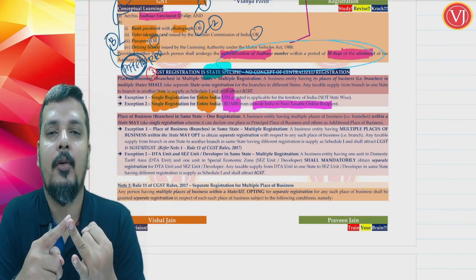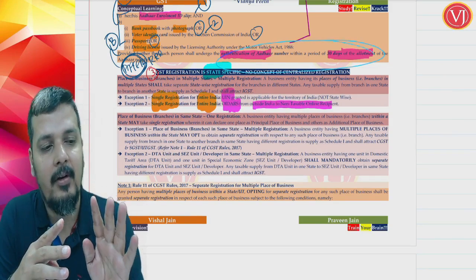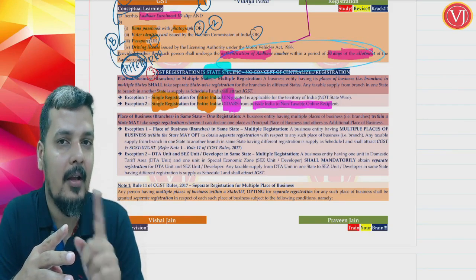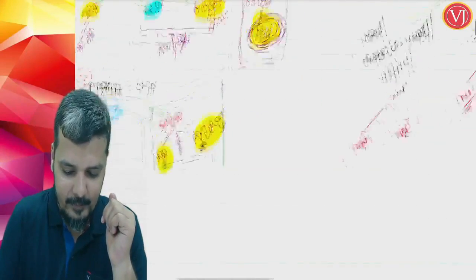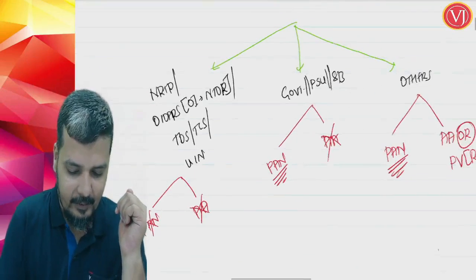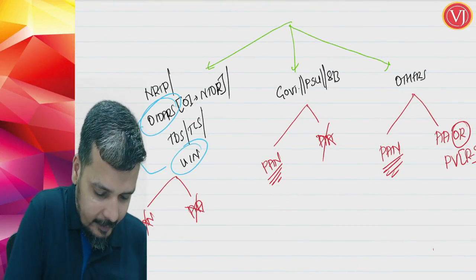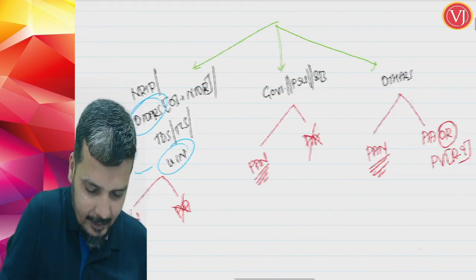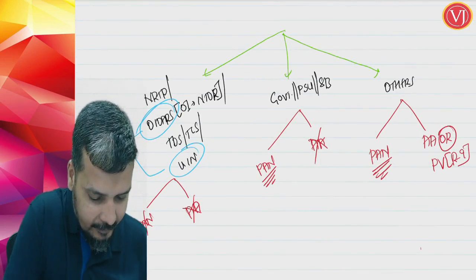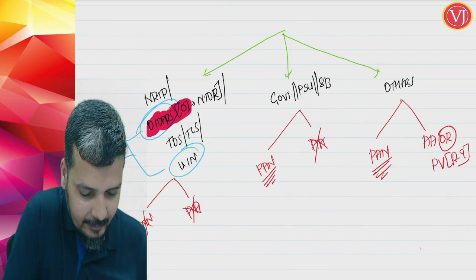And for OIDARS from outside India to non-taxable online recipient. It is not there for your TDS TCS, it is not there even for your NRTP. So this concept of PAN India single registration is only and only for OIDARS from outside India and UIN.